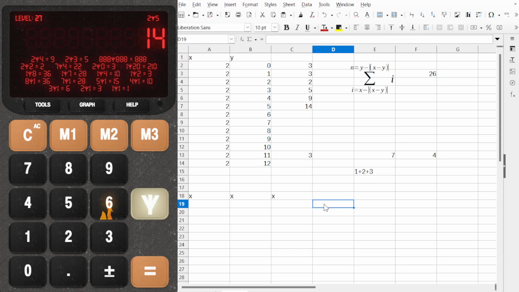Maybe this is a recursive formula. f of x, y equals f of, and I hope I'm correct, this would make things easier, x, y minus 1 plus y.